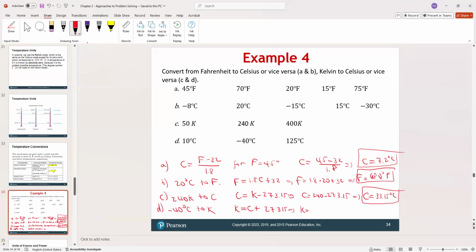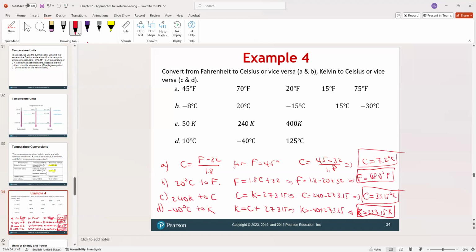So K would be negative 40 plus 273.15. That would be 233.15 Kelvin. Remember, we don't put the degree sign for Kelvin, right? We don't put the degree sign.